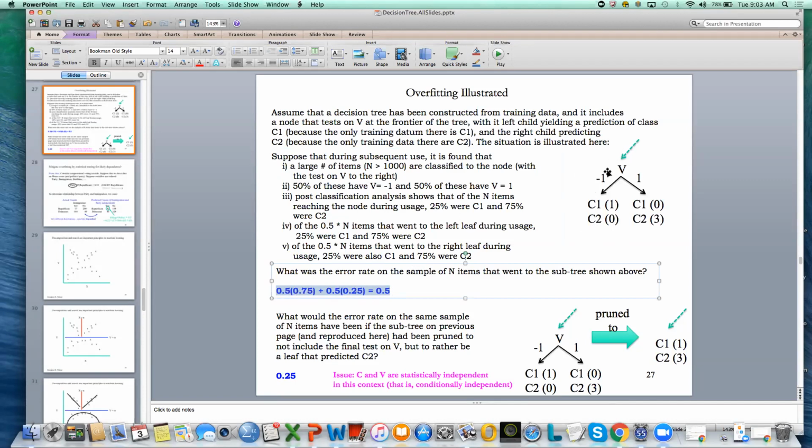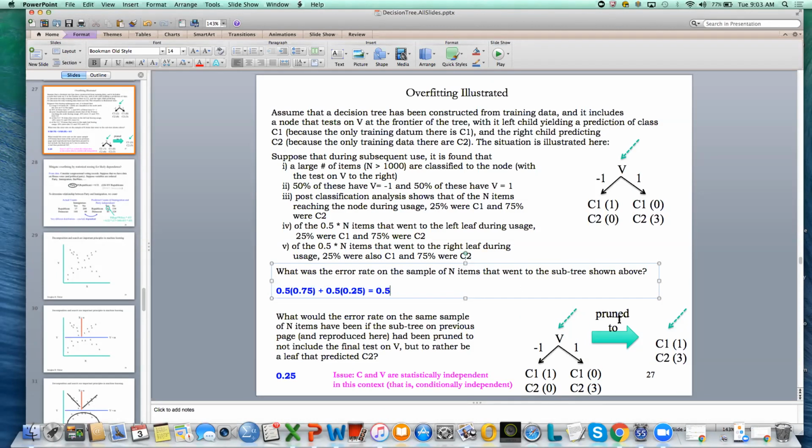For the other 50% of the items that come down here, only the 25% that are members of C1 will be incorrectly predicted. And so you compute that, and the percentage of errors is going to be 0.5 for things that are classified down to this level, based on the conditions that I've outlined here.